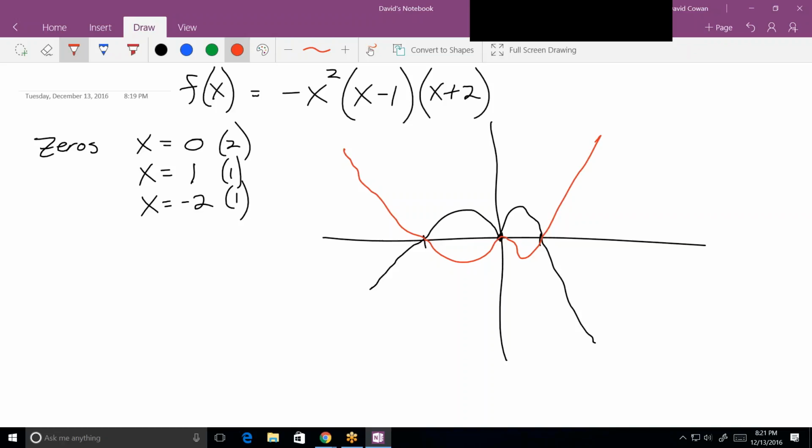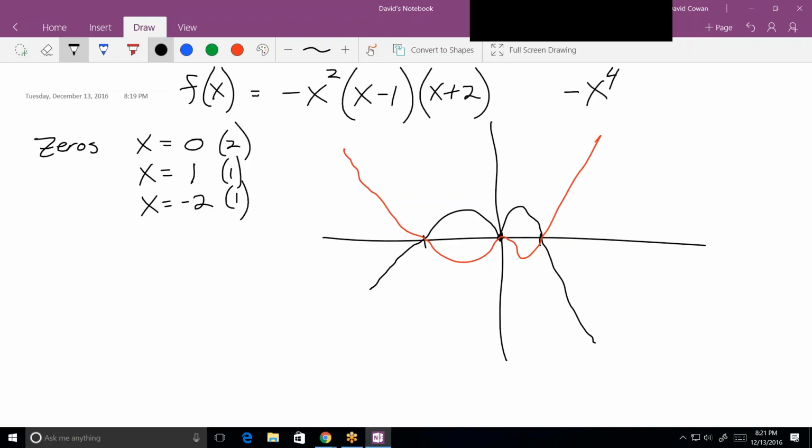If the graph is negative, wouldn't the end behavior be negative? Yes. In other words, to see what's going on on the left, whether I'm on the red or the black, plug in negative infinity into this. End behavior only matters for the highest degree term, which is going to be negative x to the 4th here.